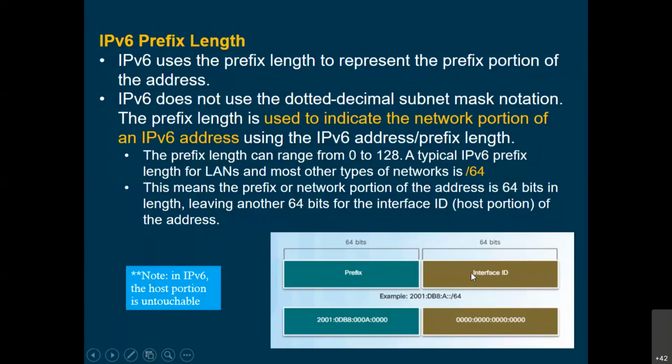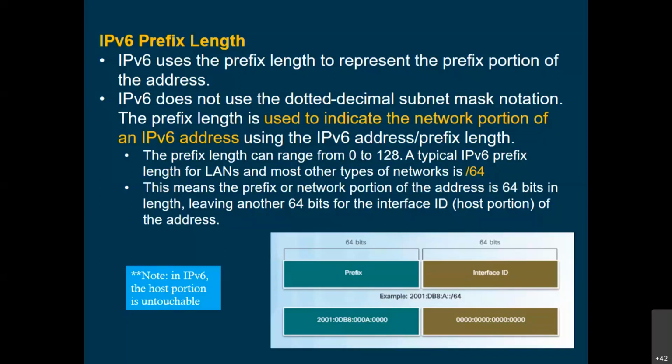Now, one thing interesting with IPv6 is the host portion is untouchable. If you remember, when we were doing IPv4 addressing and subnetting, when we did the subnet mask and set aside the network portion, I said the network portion cannot be touched. If you want to subnet, you have to use the host portion.